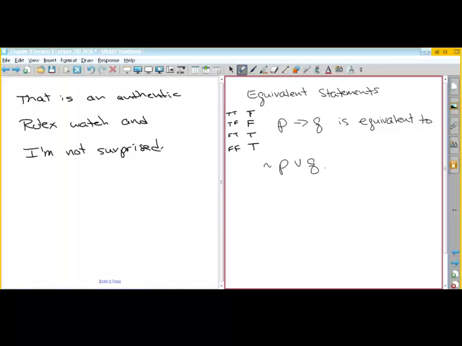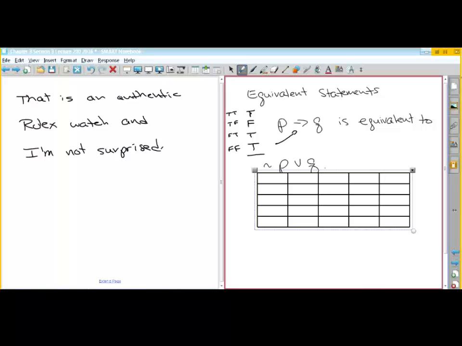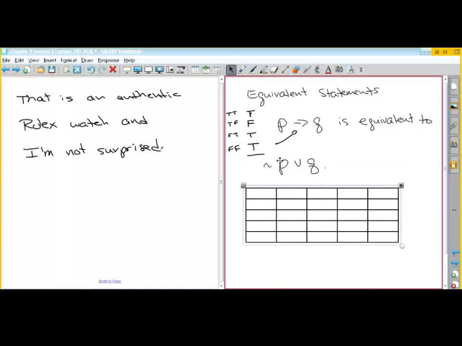The only time the if-then statement is false is if the first statement is true and the second statement is false. So let's do the one below. It's going to take 5 by 5, 2 columns for the P and Q, and then 3 columns for the statement.